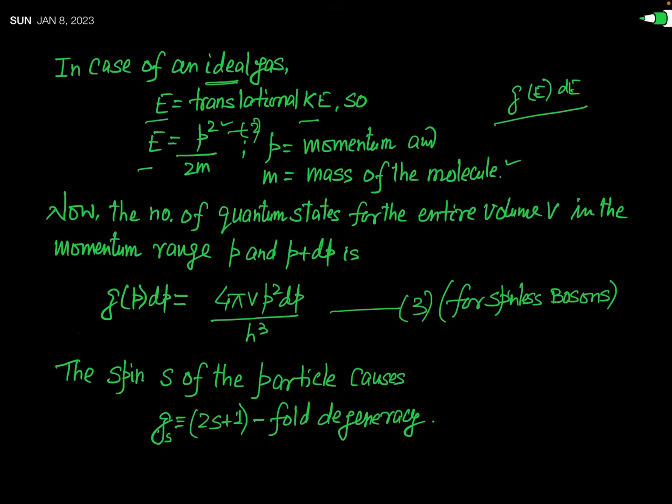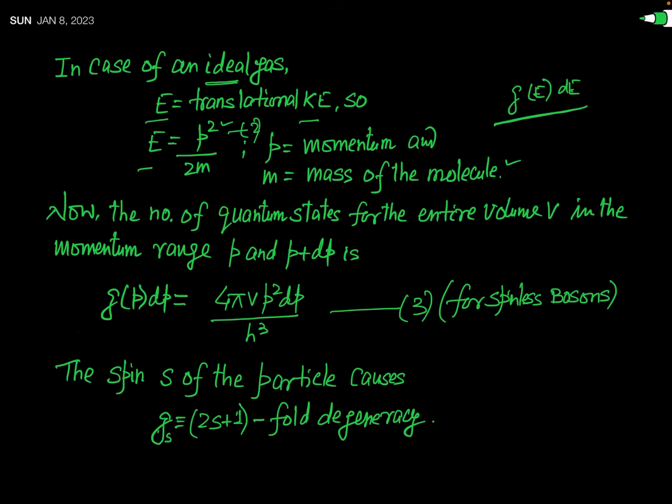You have calculated this quantity several times before this lecture, and first of all, we will talk about the density of states in terms of momentum, and then by using this relation E equal to P square by 2m, you can change that quantity in terms of energy.